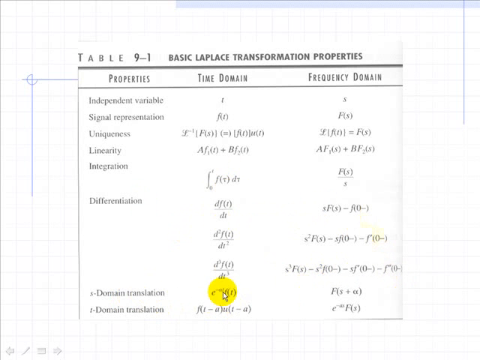The s-domain translation: multiplying by an exponential function, e to the minus alpha t, times f of t in the time domain yields a frequency translation of s plus alpha in the frequency domain. On the other hand, called duality, a time translation translates into multiplying its Laplace transform by e to the minus as.